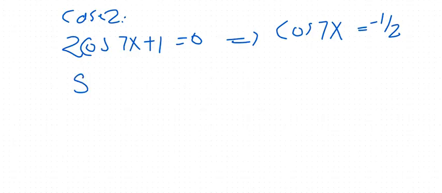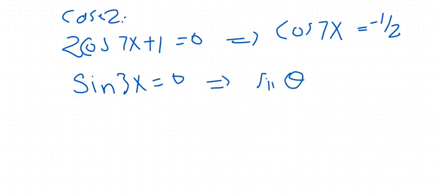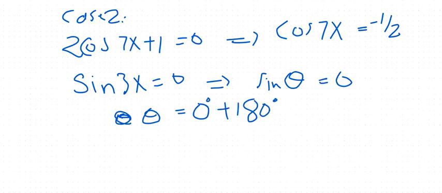The general solution for sine theta equals 0 is theta equals 0 degree plus 180 degree k, or theta equals 180 degree plus 180 degree k.